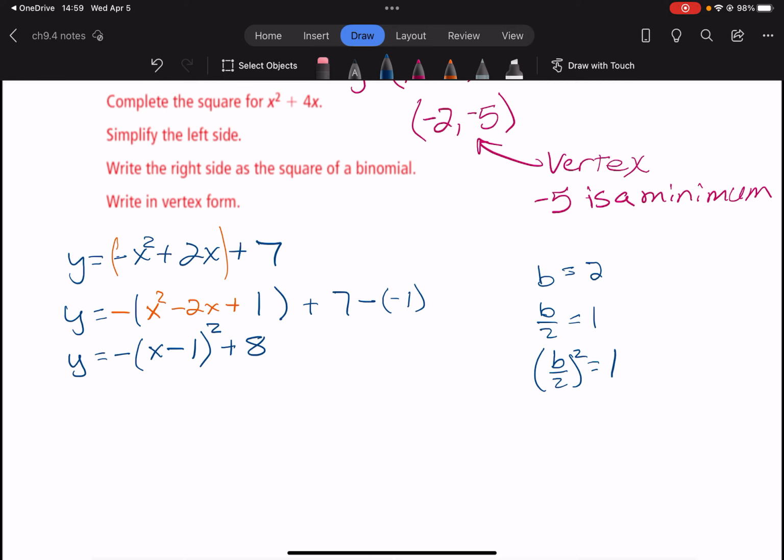So my vertex is negative, we got the negative 1 here. Change the sign, 1. Drop the number here, so it's negative 1, 8. And since I got the negative out front, the graph points down. So I know 8 is a maximum. So this is a maximum point, and you can graph it and verify.